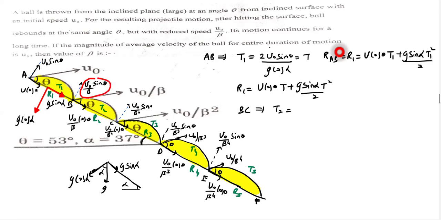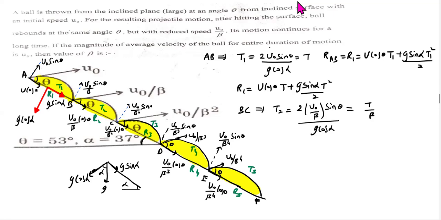U naught beta sin theta. And acceleration is G cos alpha. So based on that, the formula will be 2 U naught beta sin theta by G cos alpha. This should become equal to T by beta.